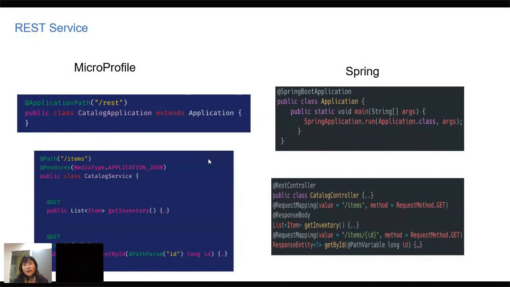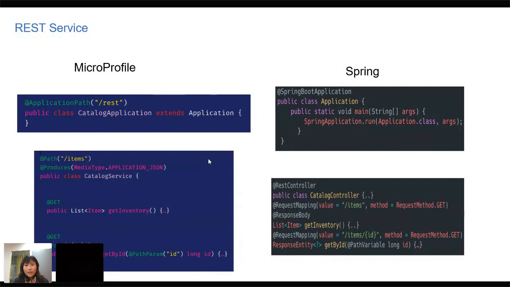In this way, it will expose an endpoint for each GET operation or PUT operation, etc. In Spring, again, it's very similar to MicroProfile. You have two classes. One is the Spring Boot application on the top. The other one is the REST controller. So you have @RestController, and you also need to specify the URL.